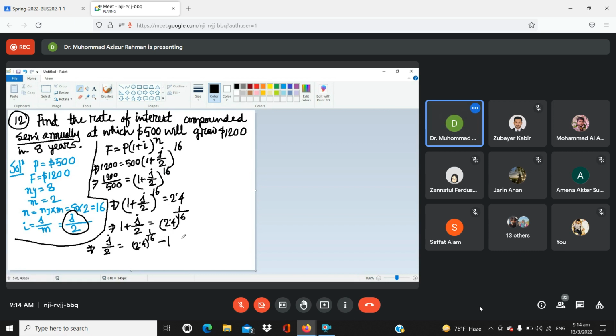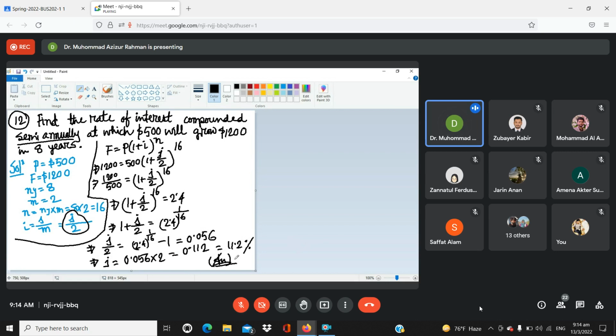That gives 0.056. So the value of j, multiplied by 2, is 0.112, which is actually 11.2%. And this is our answer.